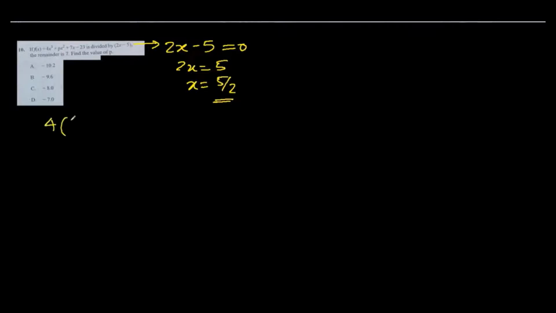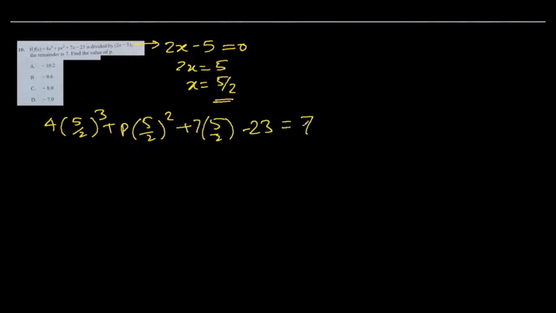So 4 times (5 over 2) cubed plus p times (5 over 2) squared plus 7 times (5 by 2) minus 23, and the remainder is 7. So we know everything except for p, and we can find that.